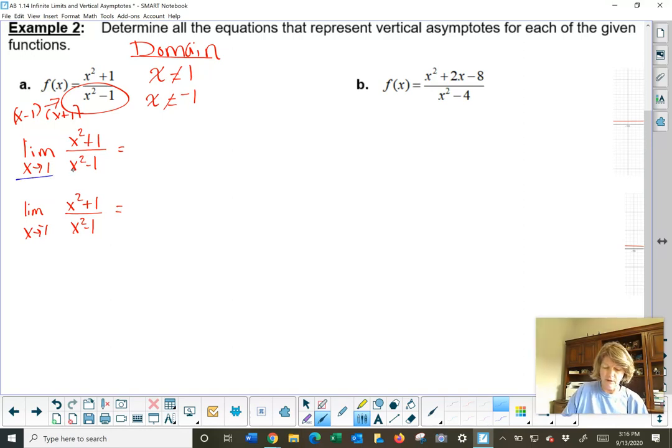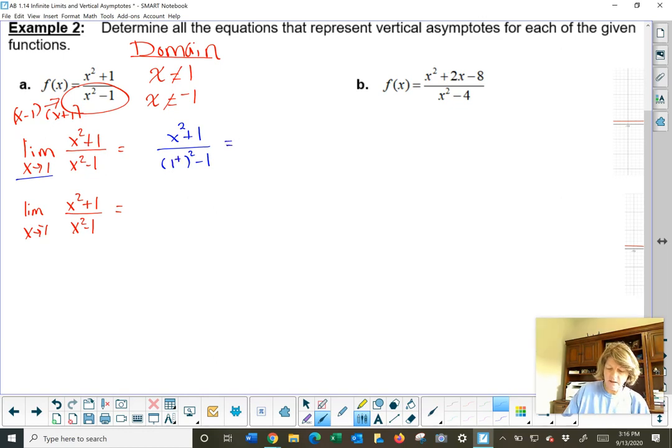And if I were to put something a little bit larger than 1 in for x, because I want to approach 1, I would have x squared plus 1 over something a little bit larger than 1. And let's just say 1 plus.